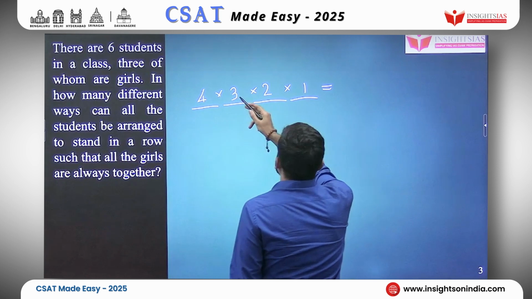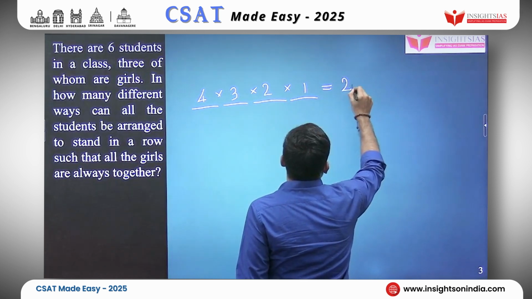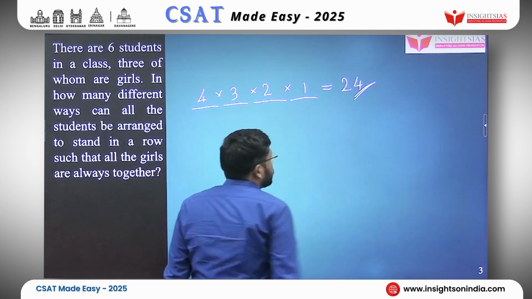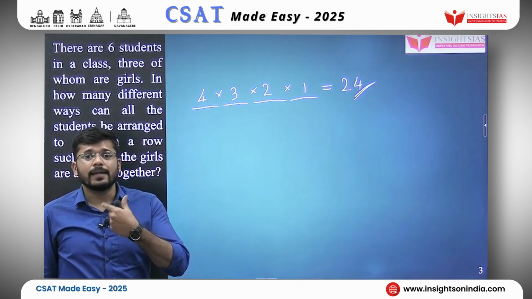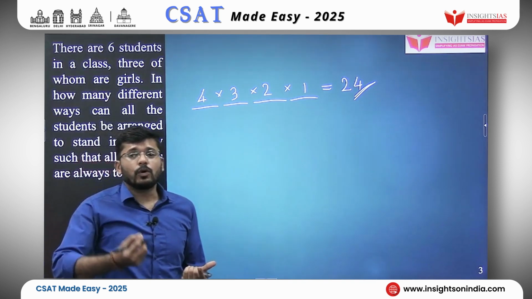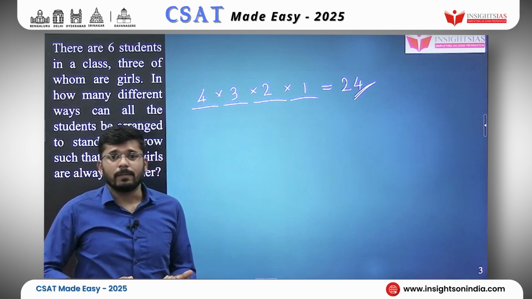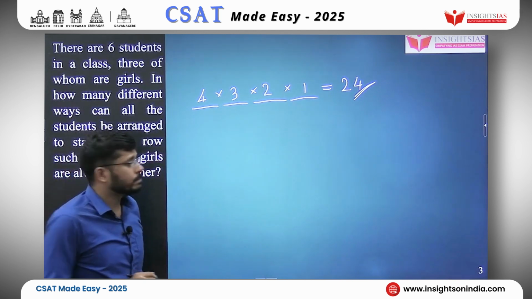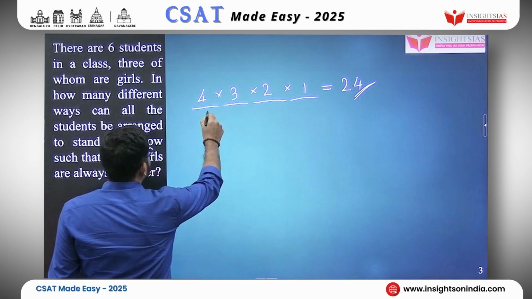That would be 4 into 3, 12, 12 into 2, 24. However, there is one more tricky thing to make a note of here. What is it? Let's say that the girls stood here.